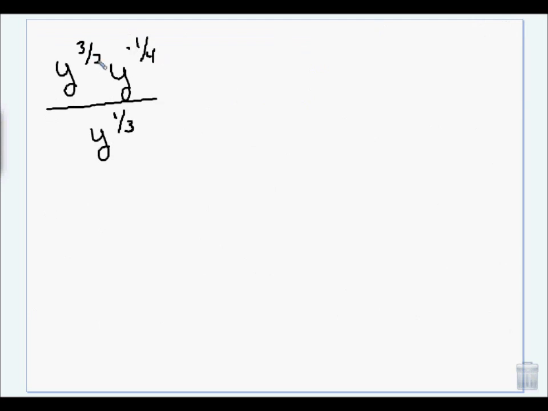Okay, so this one we're going to do combined. That's a negative. So I have y to the 3/2 plus -1/4 minus 1/3. So you need a common denominator between these three, which is going to be 12. Okay, so to turn this into a 12, I'm going to be multiplying by 6, right?